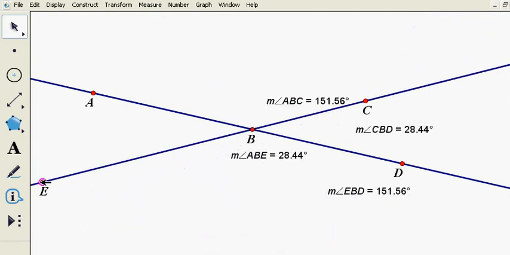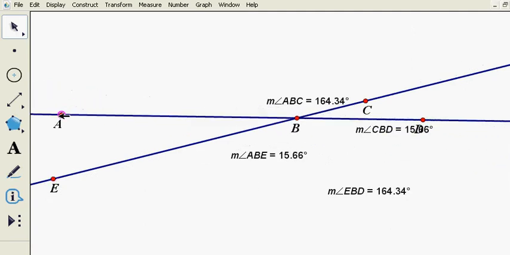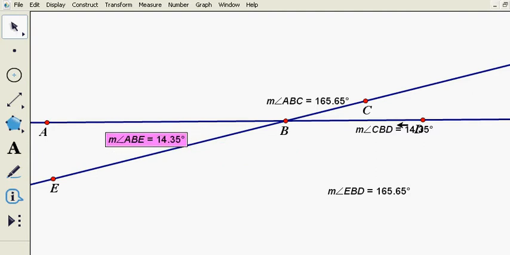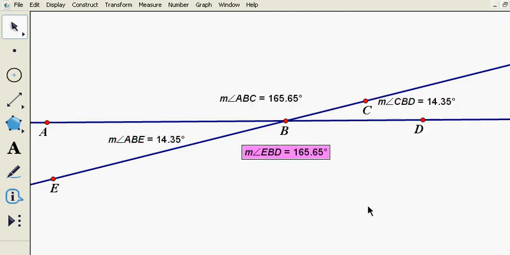And if I move them around so that they are quite elongated, we still get the exact same pairing showing up. So these are called vertically opposite angles, or vertical pair angles.